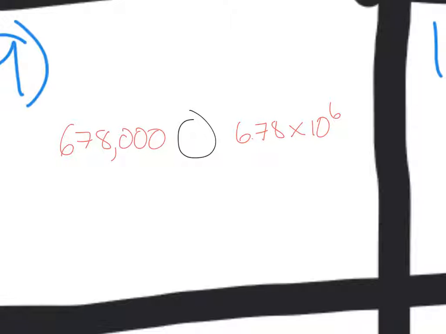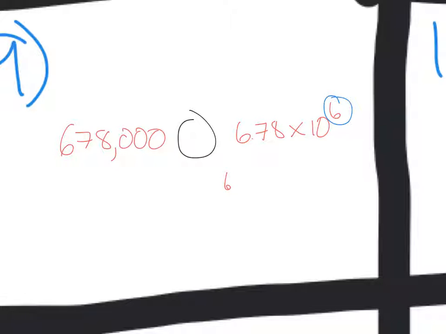What we need to do is convert the number on the right-hand side into standard form, or a regular number. We find that decimal and move it 6 times to the right. Since it is a positive exponent, we move it to the right. Positive goes to the right, negative goes to the left.